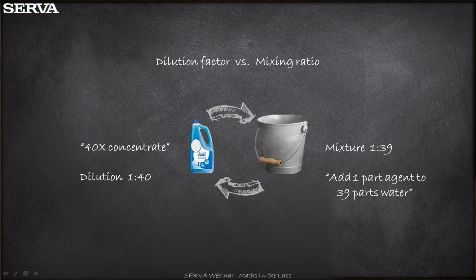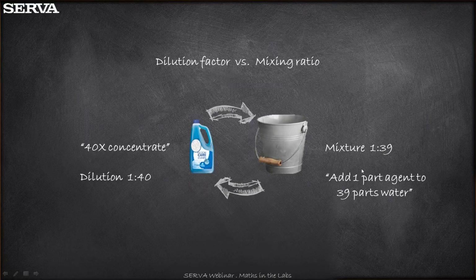But if you turn it around and look at what you have to do, then they always say just add such a small cup here, or one part of this, into a bucket or 5 liters of water or whatever, but the main thing is you have to add it.